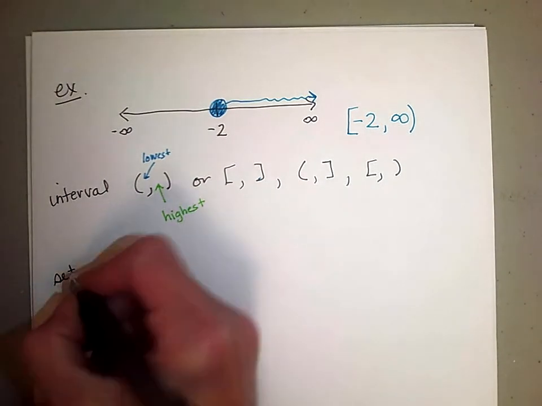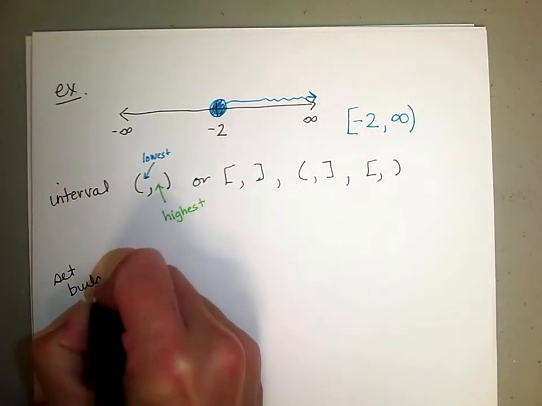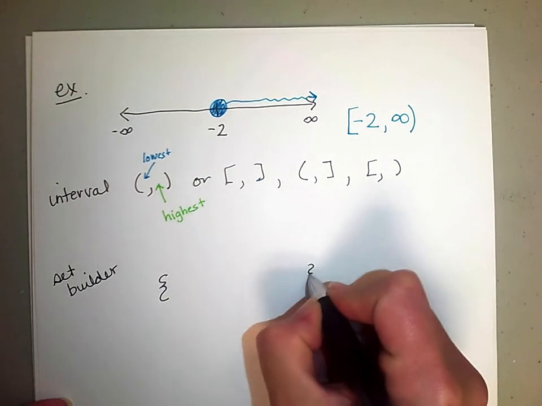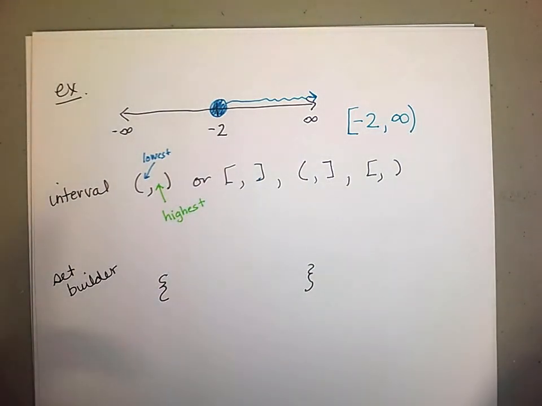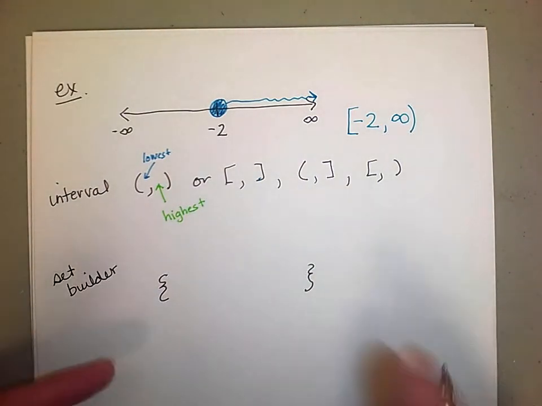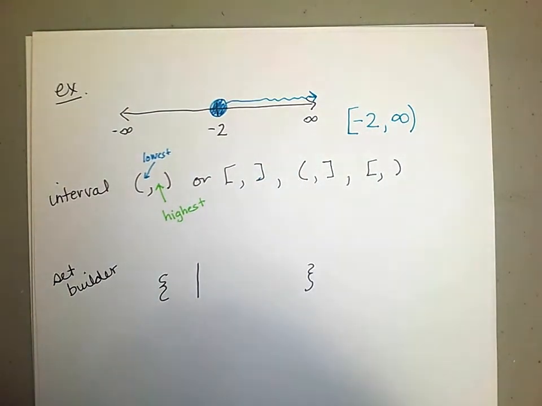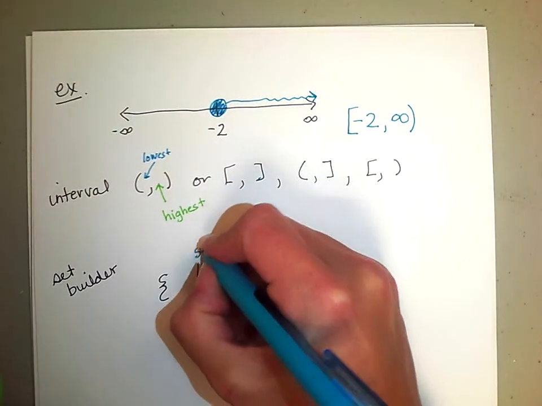Now there's also set builder notation. Set builder notation starts and ends with a brace. This tells you we're looking at a set of numbers. There's a bar in the middle. This will mean such that.